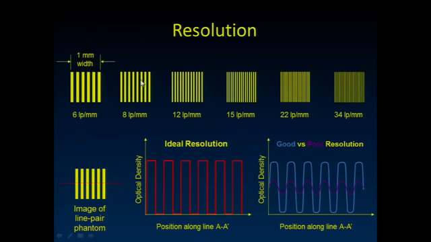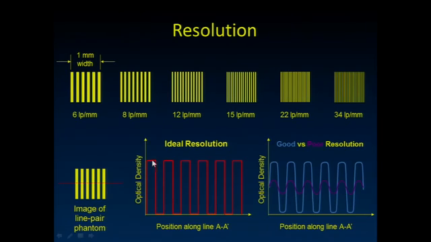And that's this idea of these line pair phantoms that you see a lot in radiology try to capture. If I take one of these and I image them with an imaging system, how well can I separate these as individual lines? And if you had an ideal system and you imaged one of these, an X-ray system, well then if you measured the brightness across the surface of the film, it should be at a perfectly high level at one spot and down at the lowest level.